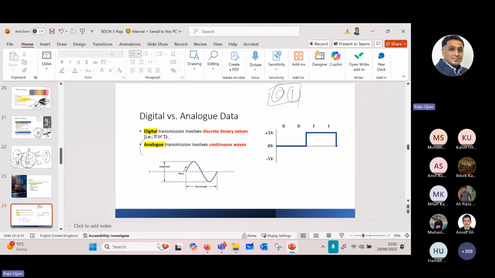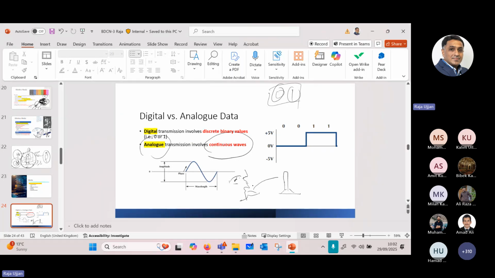An analog signal, let's say a communication is possible with the analog signal as well, is a form of continuous waves. If I'm speaking in front of a microphone, this is my voice. The signal from my mouth up to the microphone, we say this is a continuous signal.